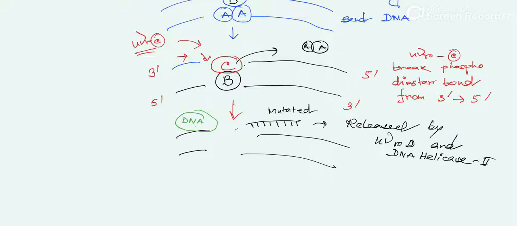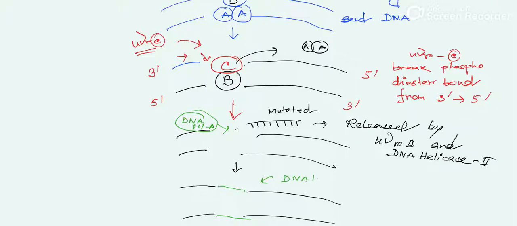Suppose this is DNA pol 1. DNA pol 1 comes here and fills this part, and next DNA ligase, which catalyzes phosphodiester bond formation between the two adjacent nucleotides, seals this part with this and this part.